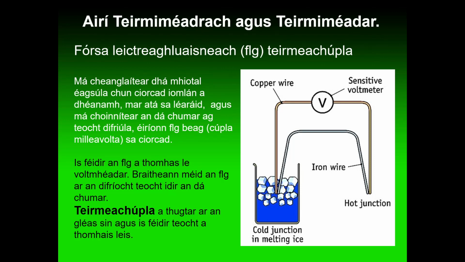Now, we change the temperature. We go from a hot junction to a cold junction, hence there's a rapid change in temperature, right? And this actually produces an electrical current. It actually produces electricity.